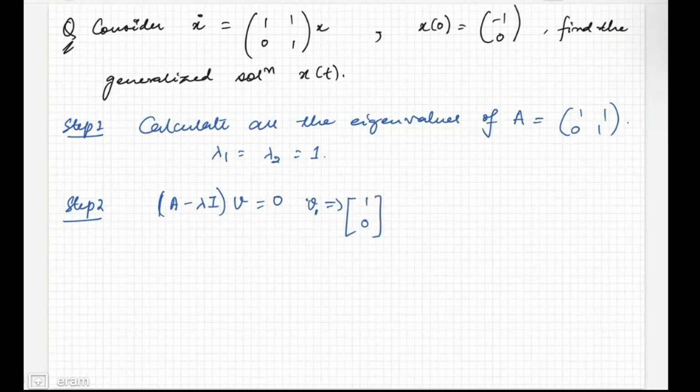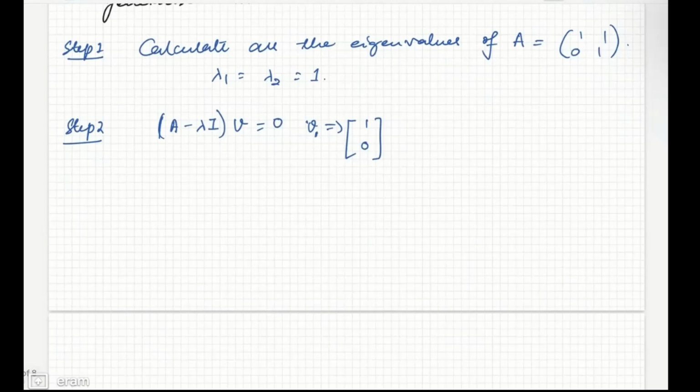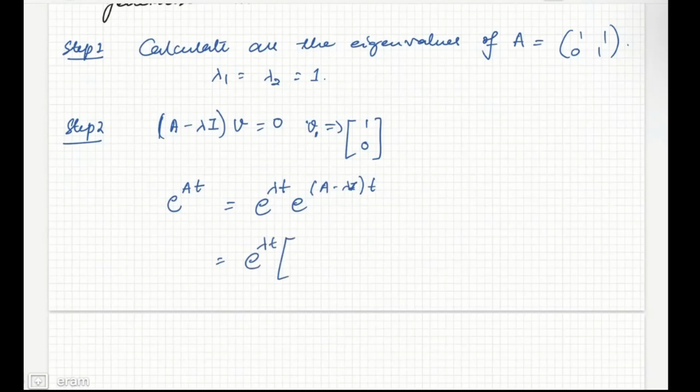Now we have repeated eigenvalues, so another linearly independent eigenvector we cannot calculate using this approach. In the earlier session we saw that e to the power At can be written as e to the power lambda t and e to the power (A minus lambda I)t, which can be expanded as an infinite series.